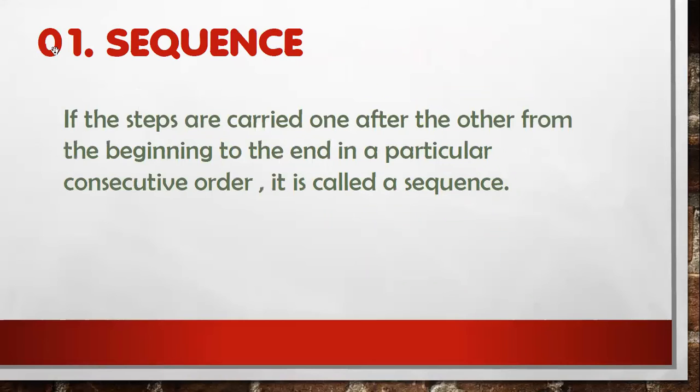Okay, this is the sequence. Let's see what that is. The steps are carried out one after the other from the beginning to the end in a particular consecutive order.